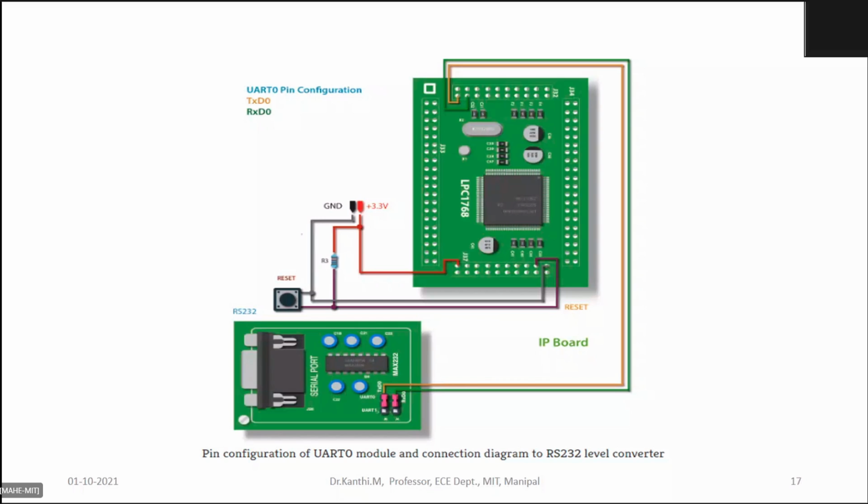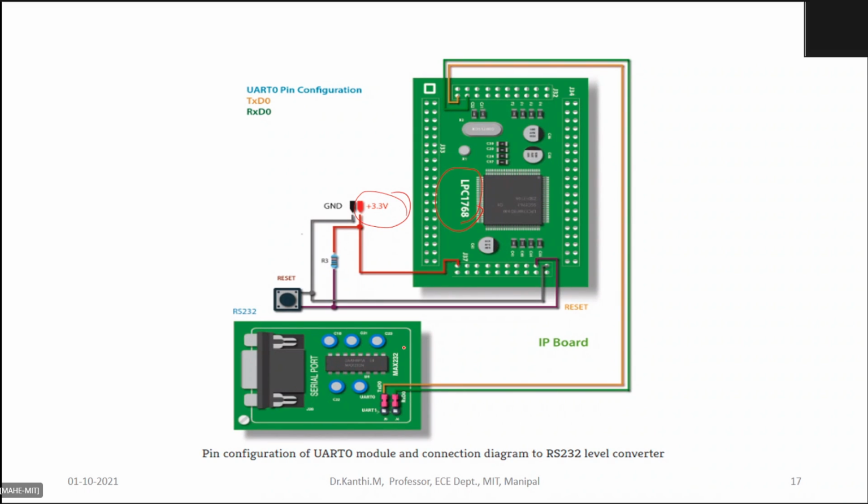So this is the diagram showing how the MAX232, RS-232 is connected to the LPC 1768. The LPC 1768 chip is having 3.3 volts, and you have a reset pin. This is just the clipping of only the LPC and the serial communication. So you have a serial port.